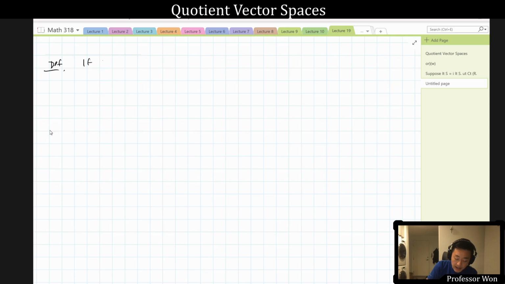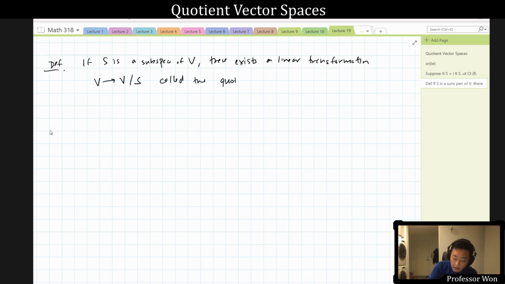So if S is a subspace of V and I take the quotient space, there exists a linear transformation from V to V mod S called the quotient map, usually denoted pi, that sends the vector v to the plane containing v. It's the most natural map you could hope for.